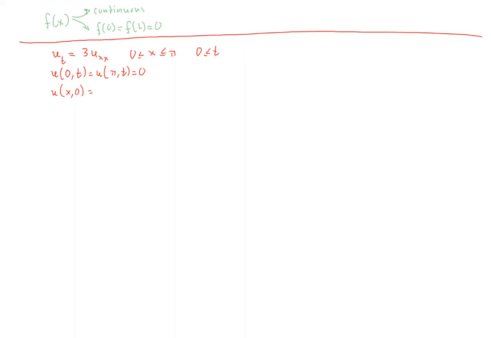And for that reason, I will take pi x minus x squared. So why do I take the function this way? Remember that intuitively speaking, u of x comma t represents the temperature.